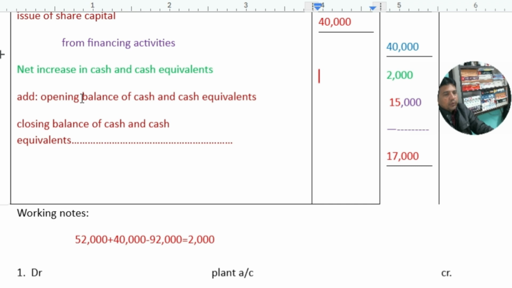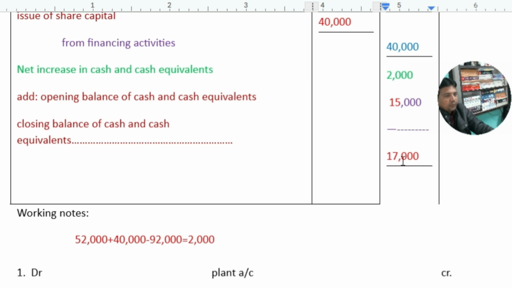Then add opening balance of cash and cash equivalents 15,000. The cash and cash equivalent balance given in the question is 15,000. So add this balance with net increase in cash and cash equivalent. So 2,000 plus 15,000, total 17,000. So 17,000 is the closing balance, that is the cash and cash equivalent balance appearing in the question under the column 2024, 17,000.